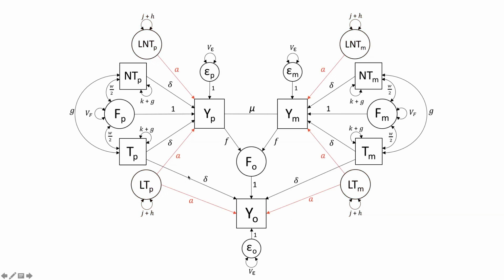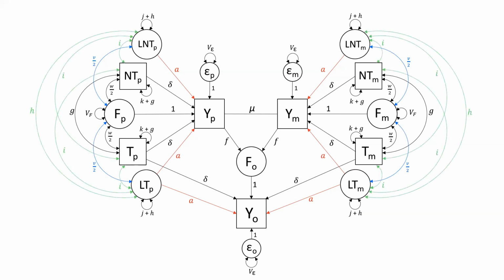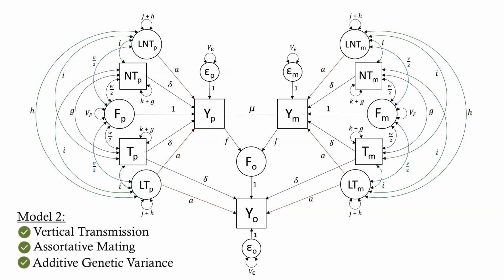So each one has a path coefficient of A instead of delta. And like the observed PGSs, they also covary with the familial environment and with each other under assortment. So this is what we've called model 2 in our paper.